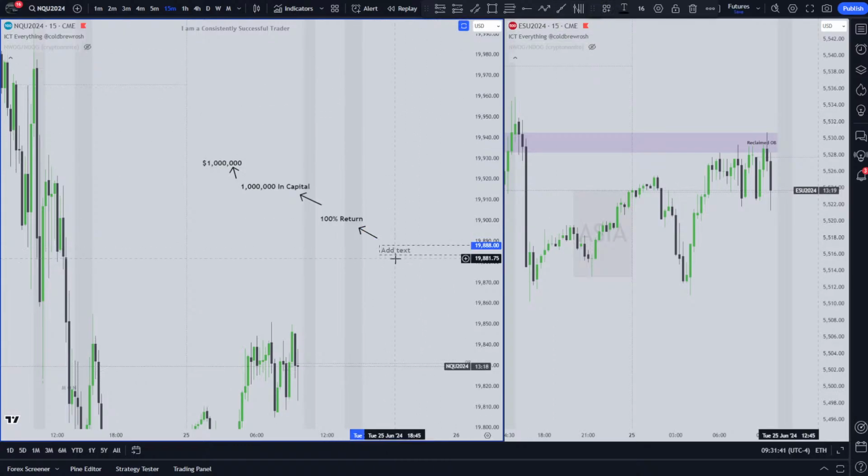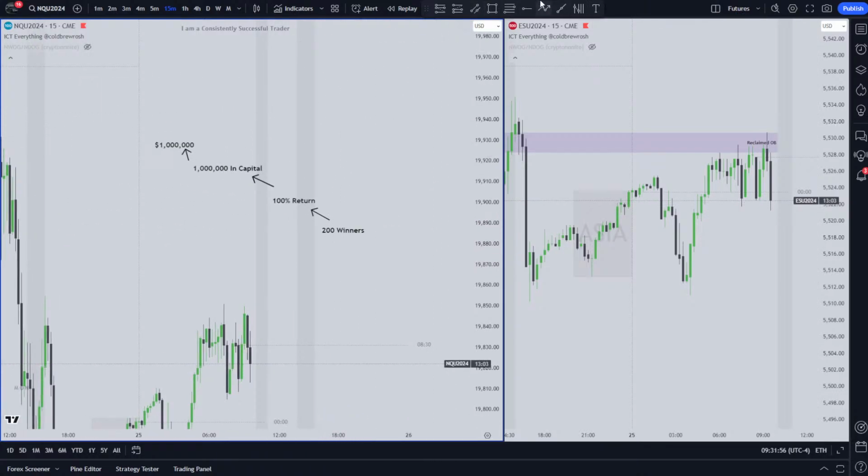And then how do you get 100% return? How many trades is that going to take you? If you're risking, I don't know, 0.5% every trade, it's going to take you at least 200 winners. And that's a one-to-one, let's just say. And then how do you get to 200 winners?